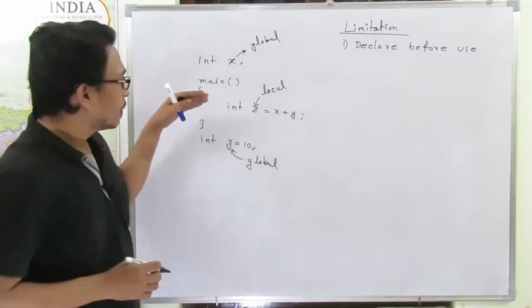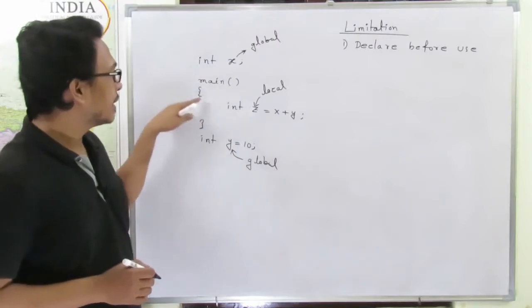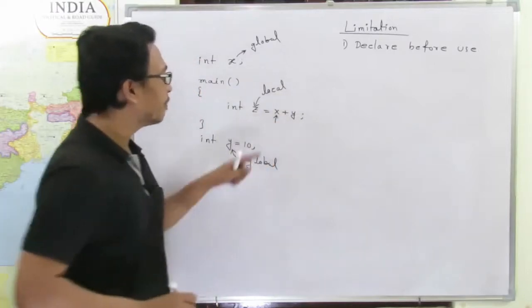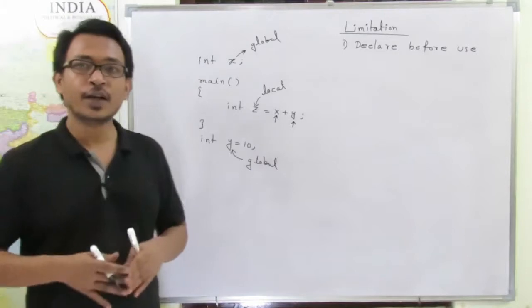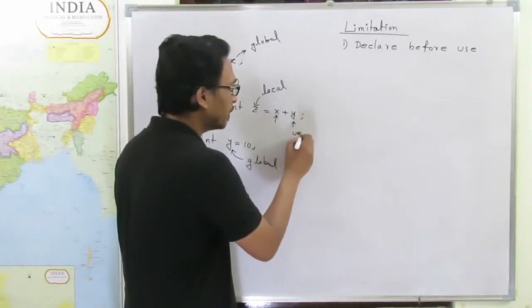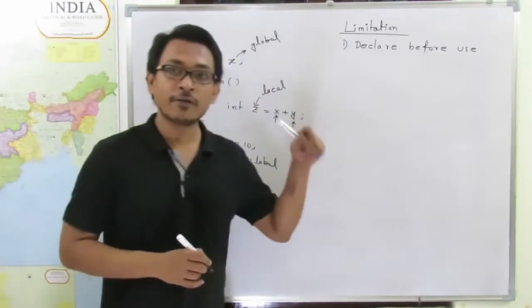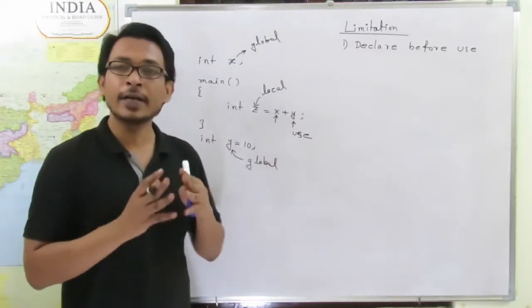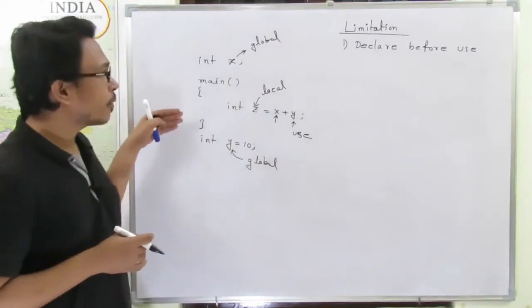But look, in this case we are using these global variables x and y inside the main function, but the variable x is declared before its use and the variable y is declared after its use. Here we are using this variable but declared after its use. So even though it is a global variable, it will still create a problem. We need to declare the variable before its use. So this is one problem.